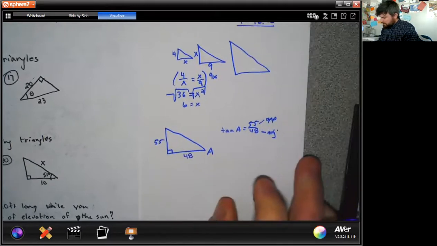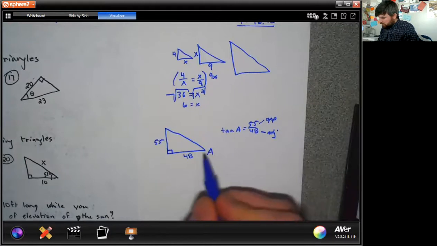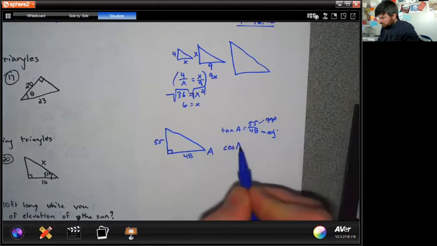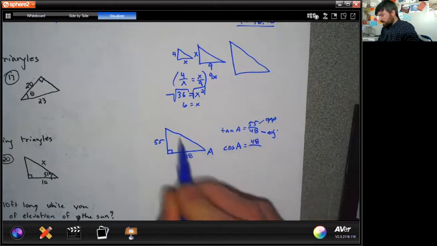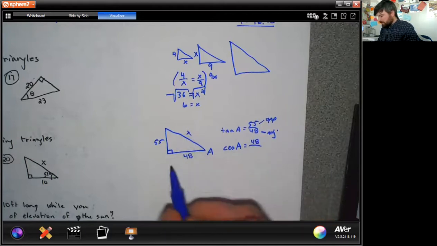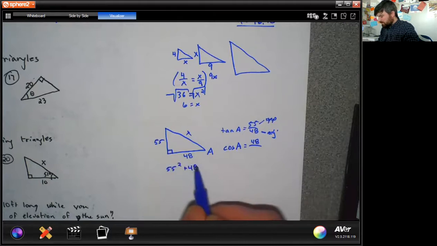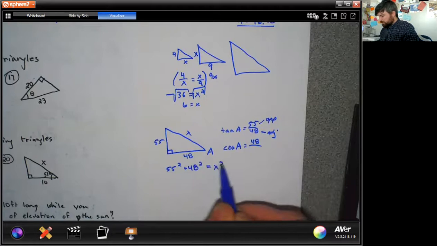Okay. So now I need to find cosine of A, which is adjacent over hypotenuse. So it's 48 over your hypotenuse, but I don't have the hypotenuse, so I'm going to have to find it. So it'd be 55 squared plus 48 squared equals x squared.